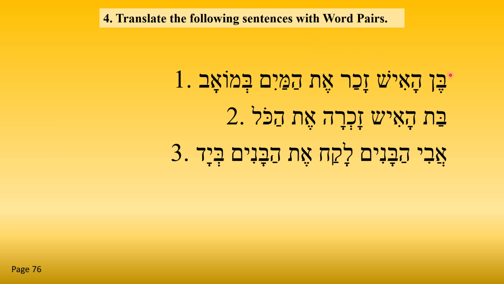We're skipping exercises 1, 2, and 3. Exercise 1 is a very good review of word pairs. It's simply a translation of word pairs, and you focus on whether or not they're definite or indefinite, and of course recognizing the words. But the nice thing about the first exercise is you know that everything is a word pair, so that's what you're focusing on.